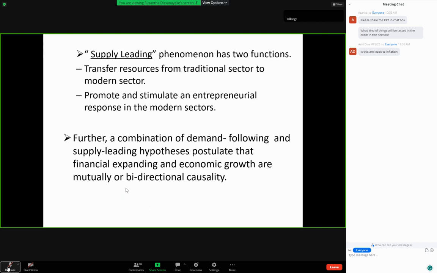Yeah. So then the next point, further combination of demand following. Okay, before that, any difficulties or gray areas in understanding the demand following and supply leading situation? If you need, I have a few examples to explain this.